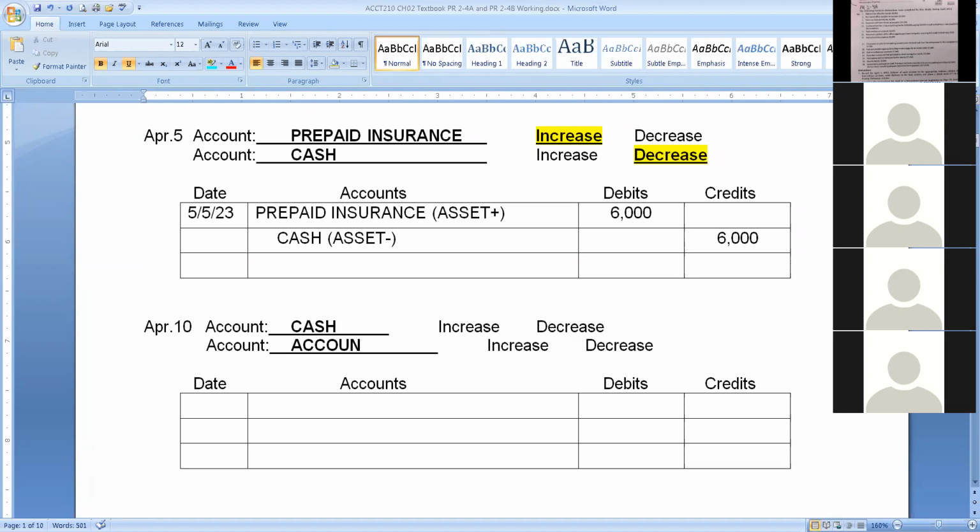Accounts payable or receivable? I didn't see what the problem said. So it's going to be receivable.